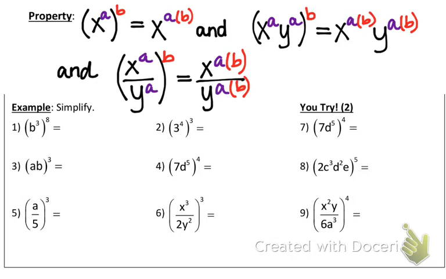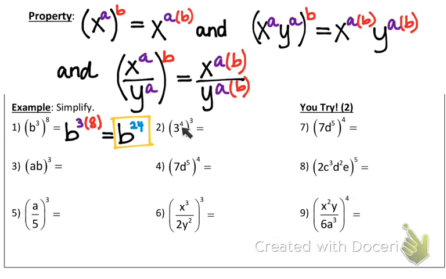Let's do some examples. In our first example, we have b cubed on the inside being raised to the 8th power on the outside. Since we have a power being raised to a power, we're going to multiply these exponents. B cubed to the 8th becomes b to the 24th power. In example number 2, 3 is acting as a base, not as a coefficient.